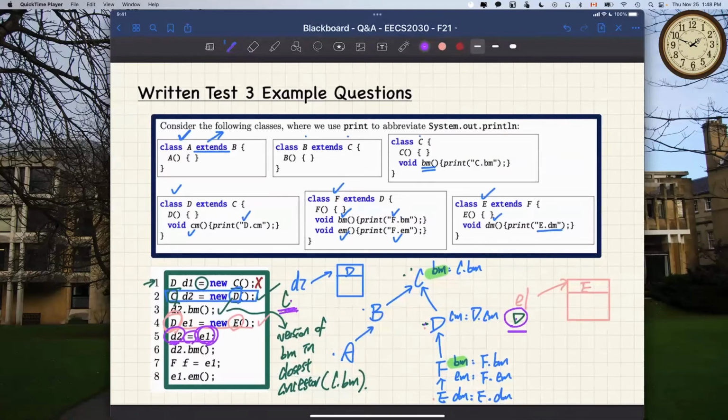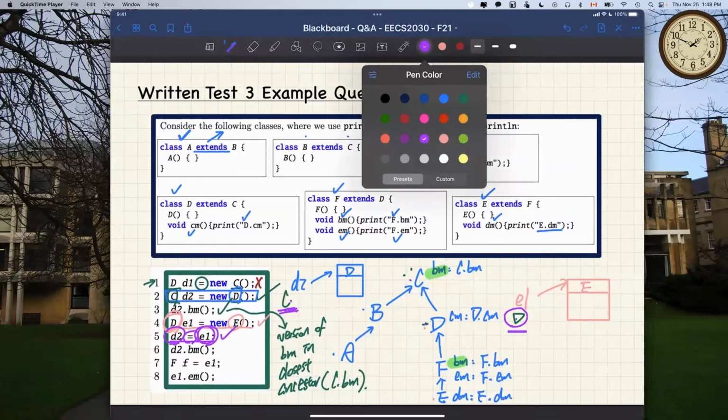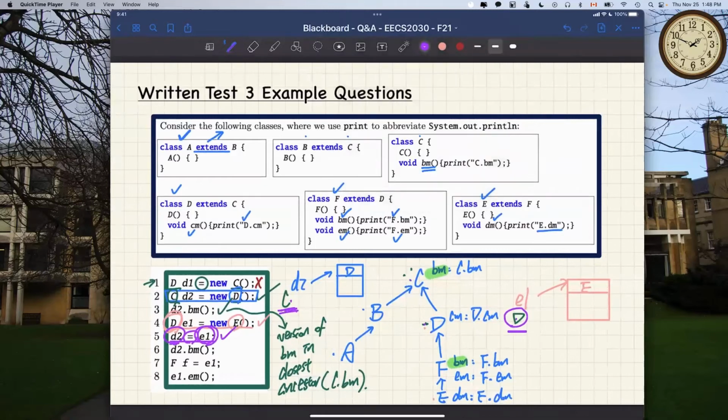It is, so it will compile. And the consequence is that D2, rather than pointing to here, is going to be reassigned to E1. It's now going to point to this object over here.